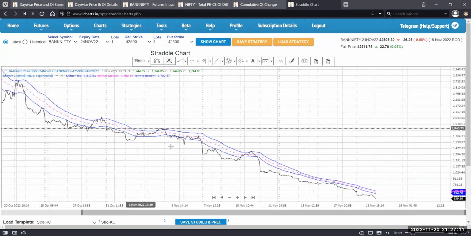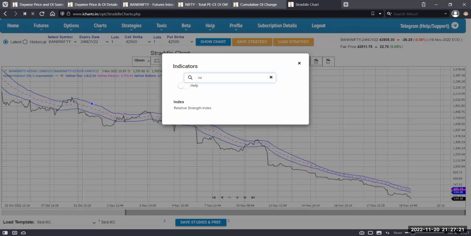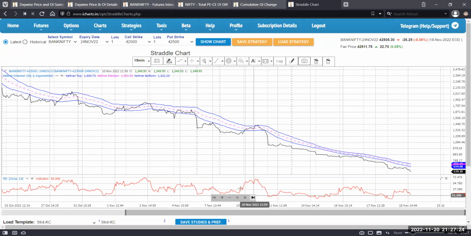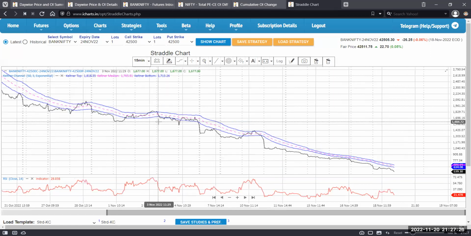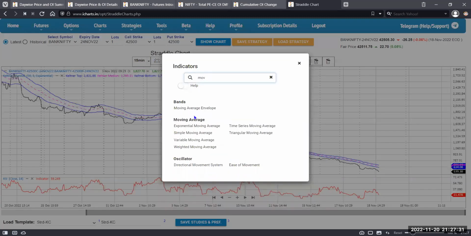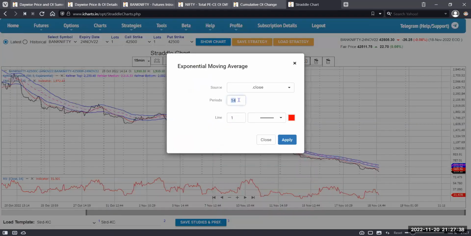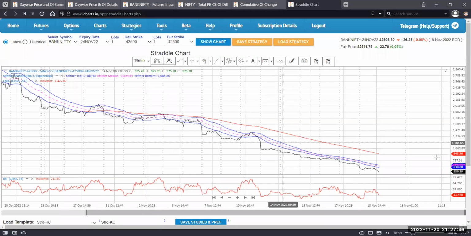Thank you so much. You can have your own indicators if you want to keep a little bit more buffer. There are people who use VWAP, they use RSI and all that. RSI also can be used, and only if RSI really starts shooting up would you try and adjust. A few others have a moving average also, say an exponential moving average, for example, maybe 50 or even 200.